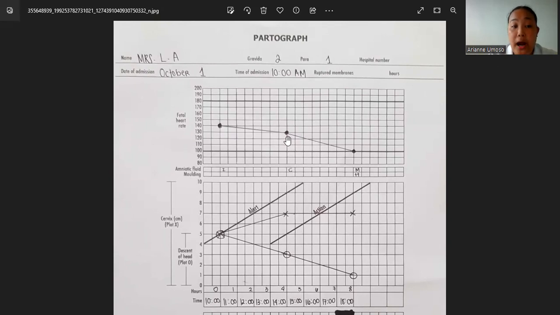After 4 hours again, the fetal heart rate drops to 100 beats per minute with meconium-stained fluid and overlapping bones. I will explain the reason for the dropping fetal heart rate later.